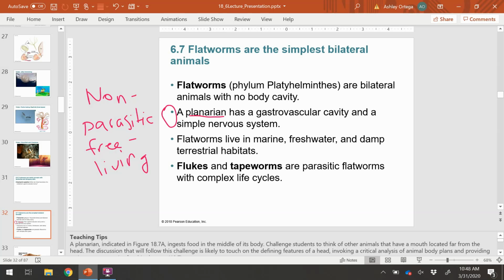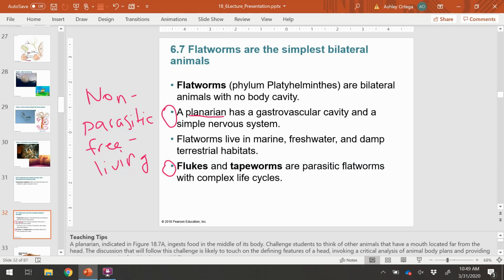As opposed to the other group, flukes and tapeworms are parasitic flatworms with different and complex life cycles. So in terms of flatworms, you can think of two subdivisions. One's a Planarian, that's non-parasitic, free-living, and the other group is a parasitic group that includes flukes and tapeworms.